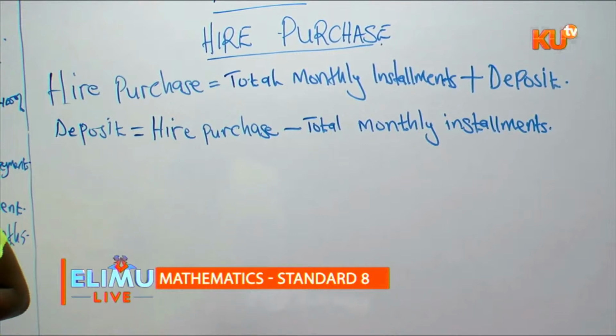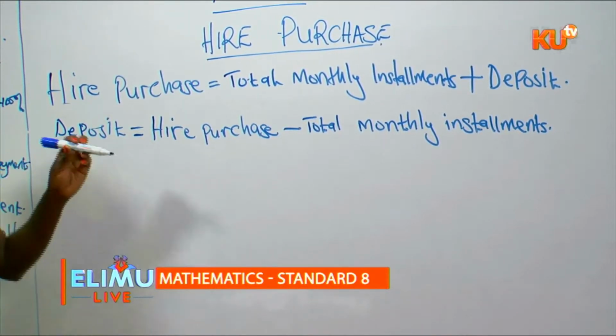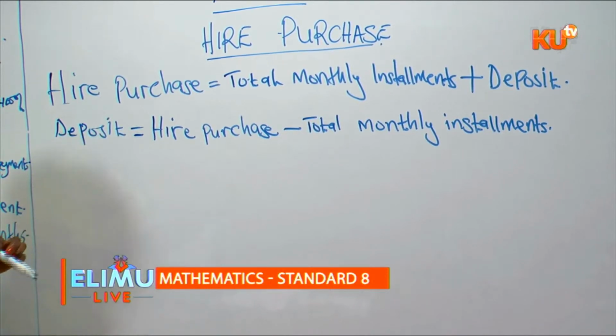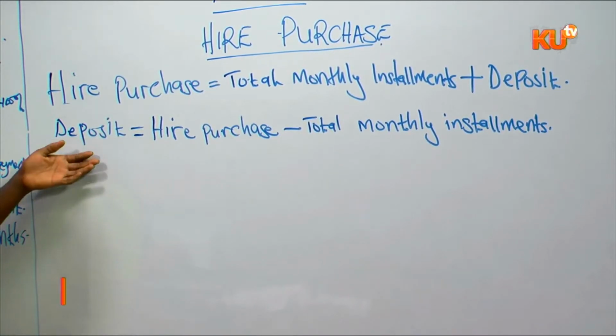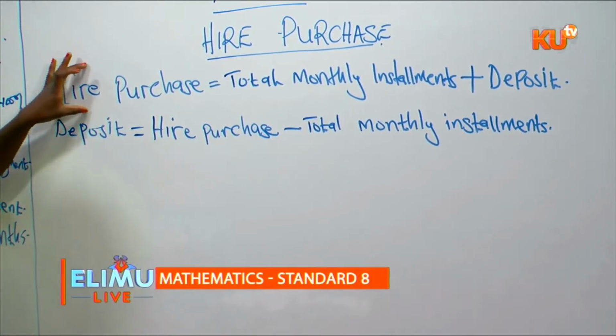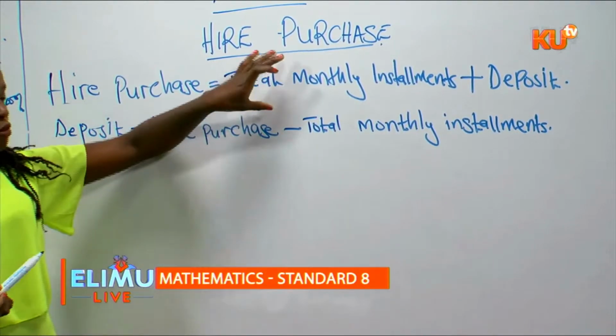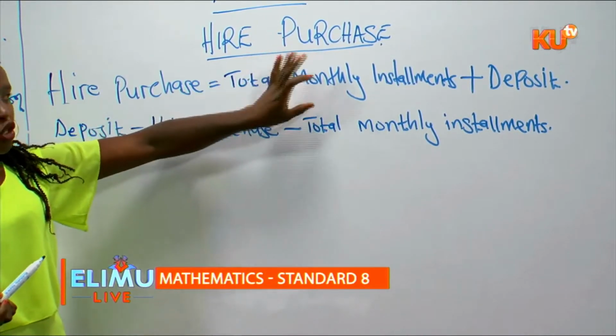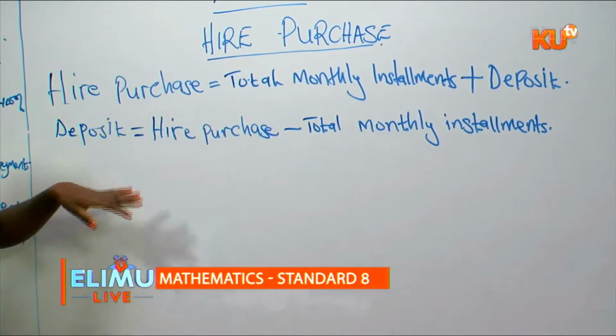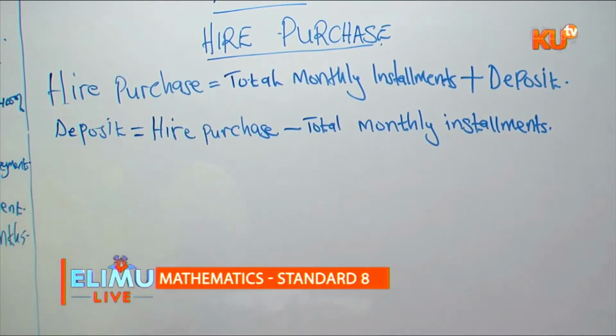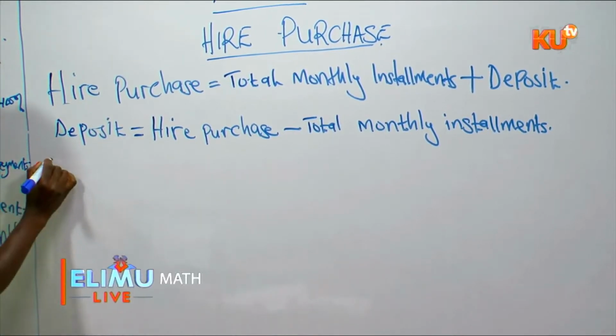When we were getting the hire purchase, we took the deposit and then added the total monthly installments. That means, because we got the hire purchase from adding up the total monthly installments and the deposit, you just subtract now to get the deposit. And then we can calculate the total monthly installment.